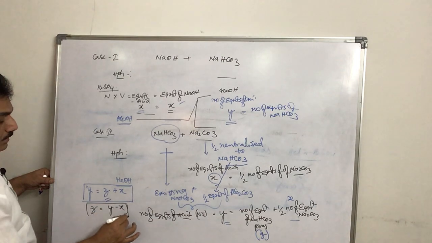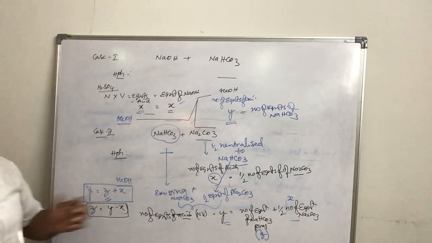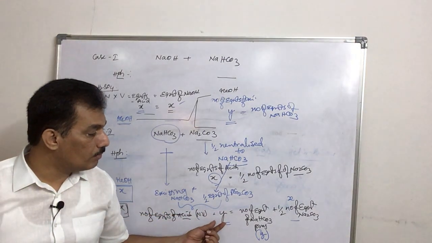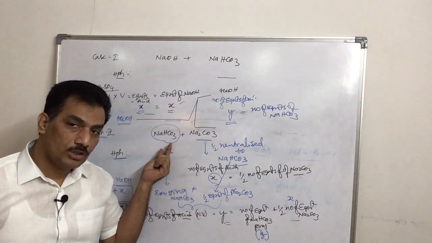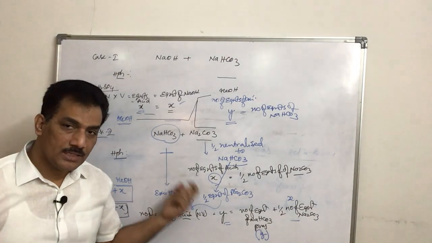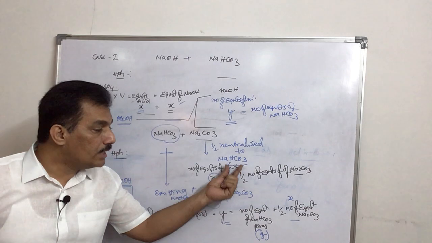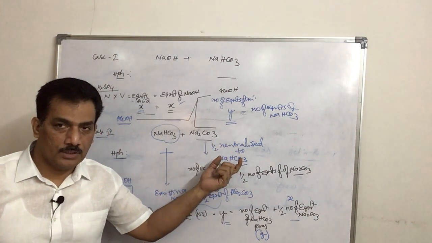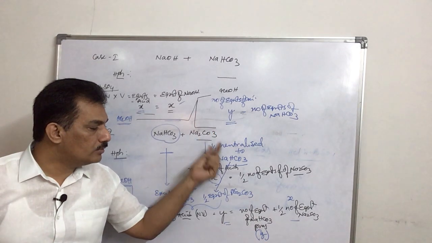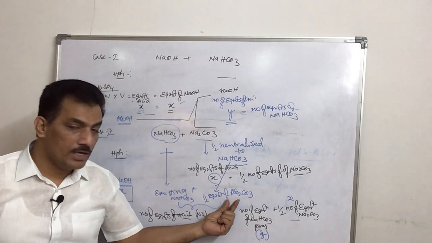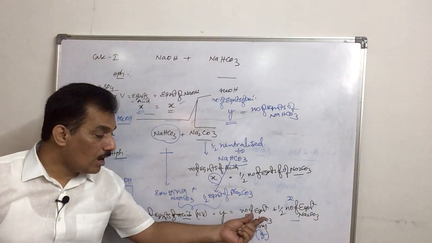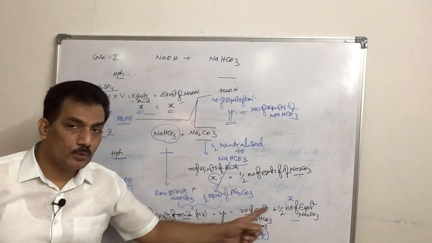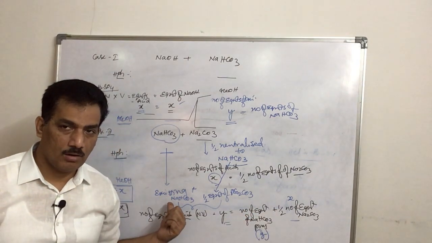Like this, in the second titration we get neutralization of the NaHCO3 already present plus half of the Na2CO3, because in the presence of phenolphthalein half of the Na2CO3 is neutralized to NaHCO3. That half part is now also neutralized in the presence of methyl orange.